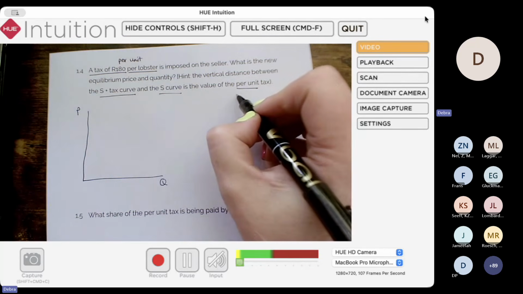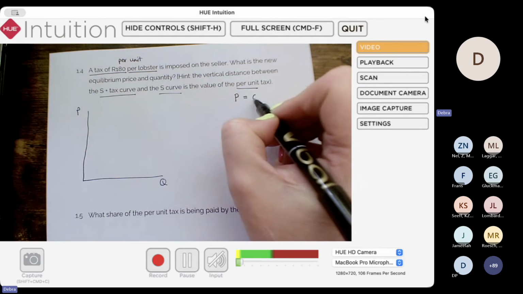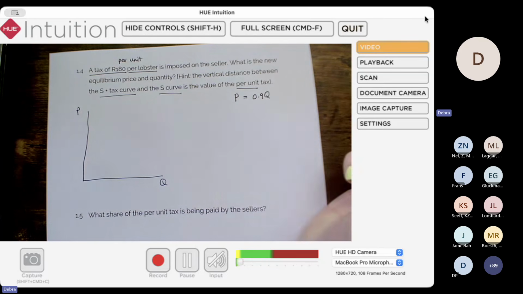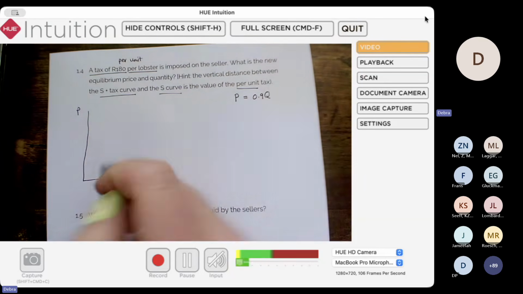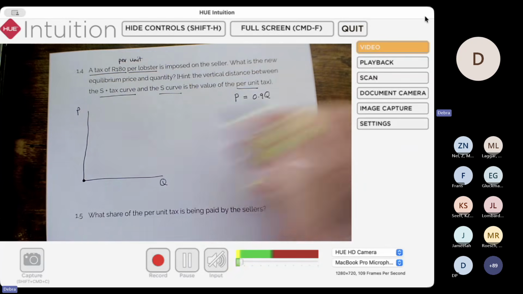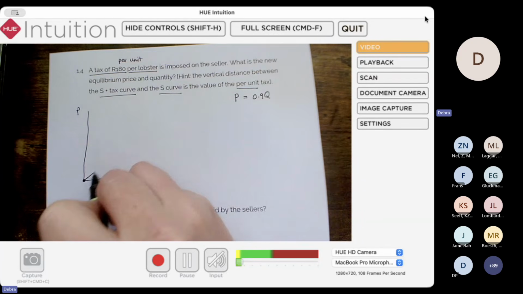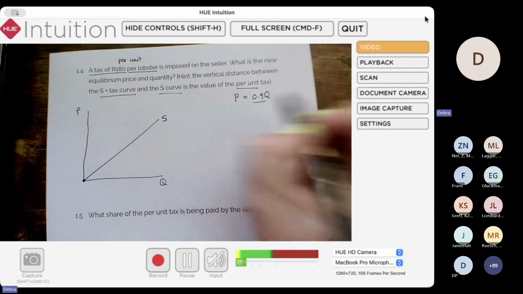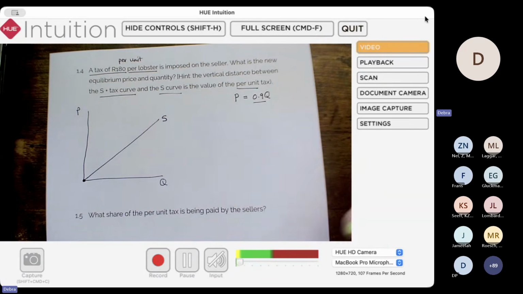Our supply curve was given by price equals 0.9Q, which means that if quantity is 0, price is 0. So that tells me that there is a 0 intercept here. And so this supply curve is an upward sloping line, and it has a slope of plus 0.9.